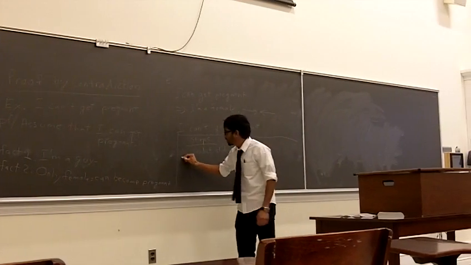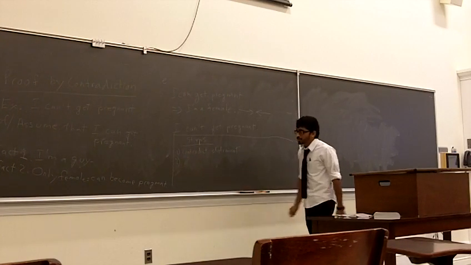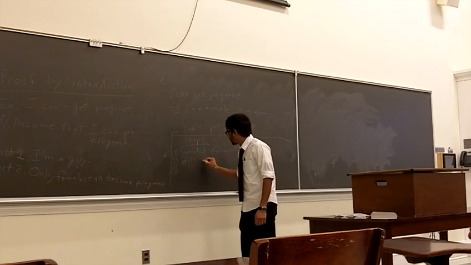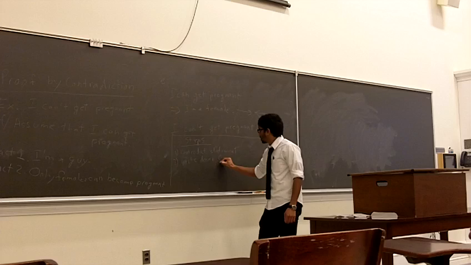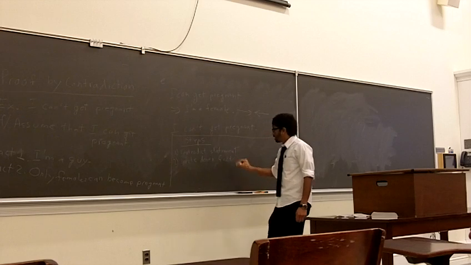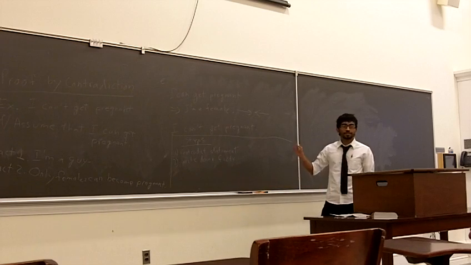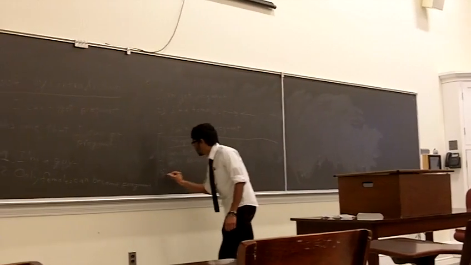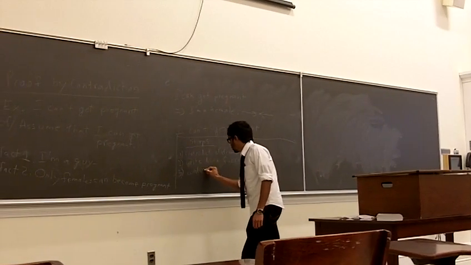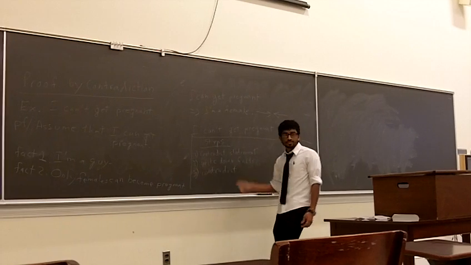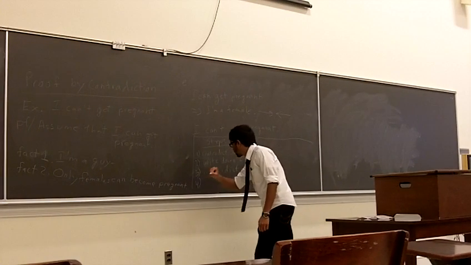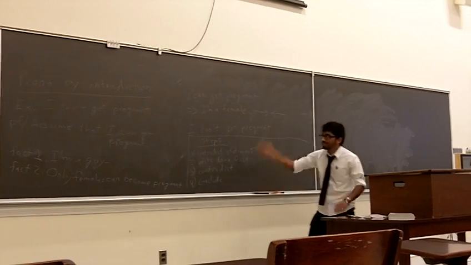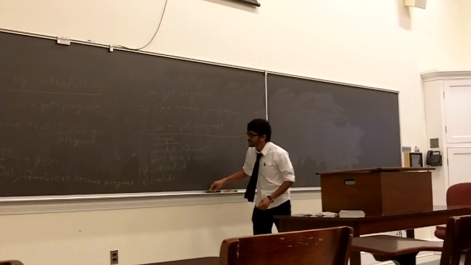Next step would be to put down some facts. And then we have to contradict one of the fundamental facts. And after that, we just simply conclude it. And I'm running out of time, so let's quickly just do the proof.